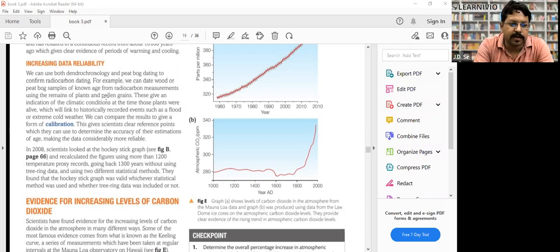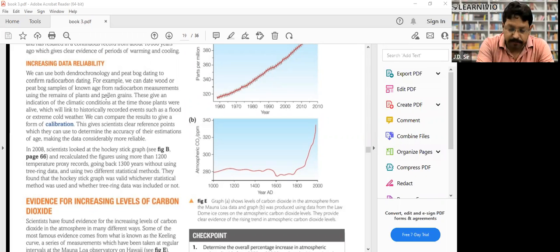we come to know the age of that particular wood sample, pollen sample, or peat bog, because they are all carbon compounds. So along with dendrochronology and the peat bog sample, we also confirm the data.